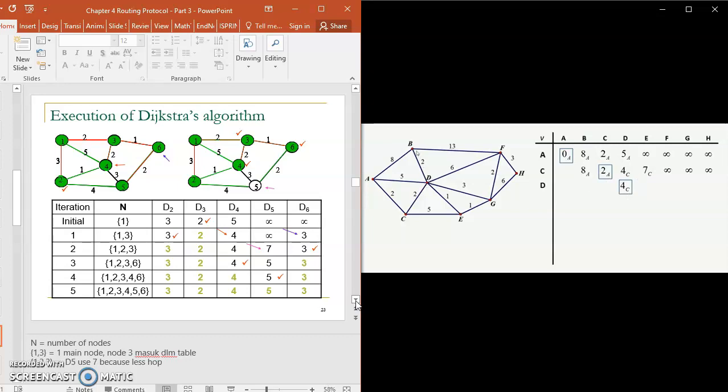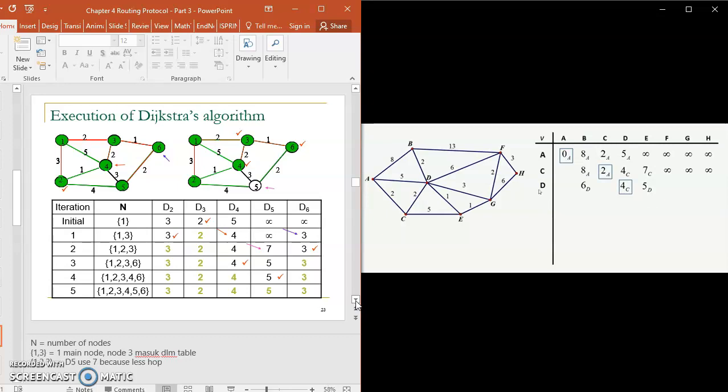Well, I can add a weight of 2 to get from D to B. 2 plus 4 is 6, and that is better than 8, so I'll mark the 6, and it came through vertex D. Can I get to vertex E? Yes, with a weight of 1. 4 plus 1 is 5, and that's an improvement over the 7 that we had.